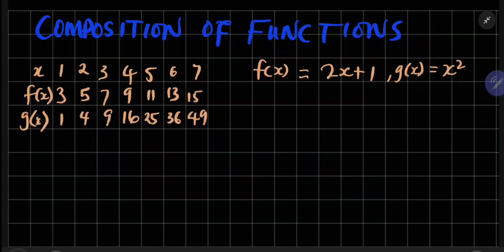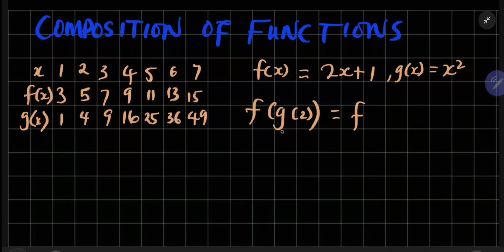So, just like I said, when we talk about composition of functions, we want to use a function as an input for another function. For example, let's say f of g of 2.